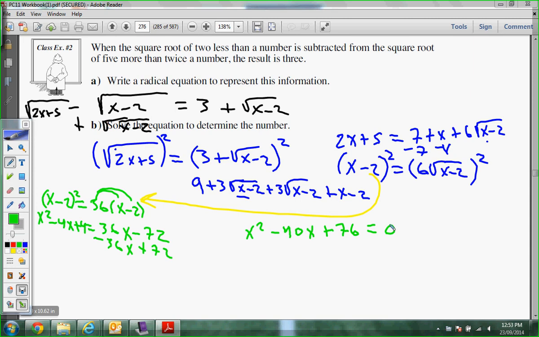Alright, so 76. Multiples of 76 that add to give you 40. That's going to be 38 and 2, I believe. So there are your two answers, 38 and 2, and then we're going to verify.